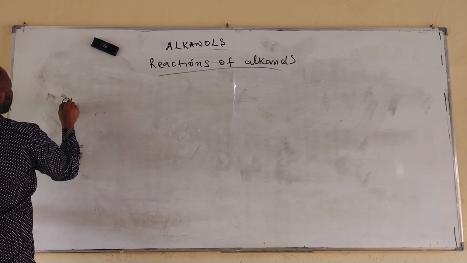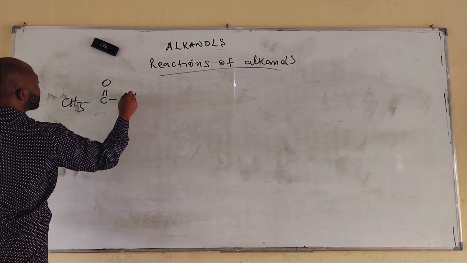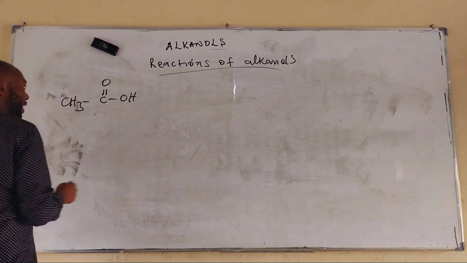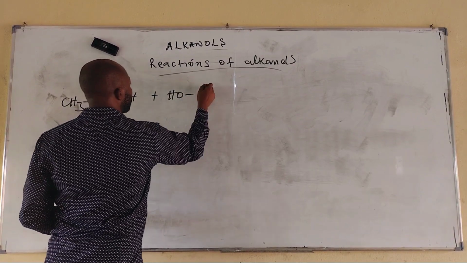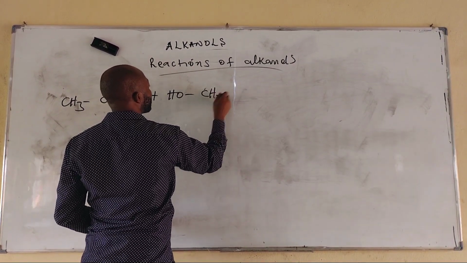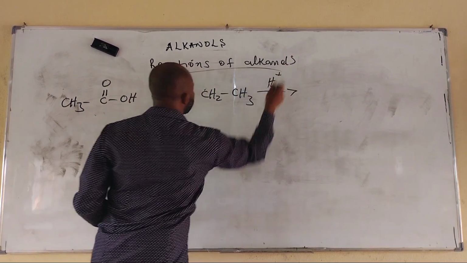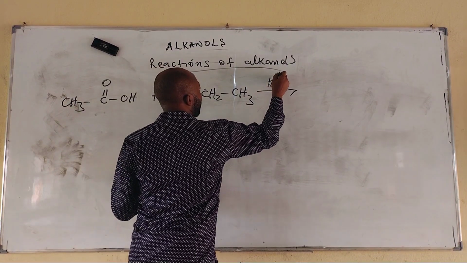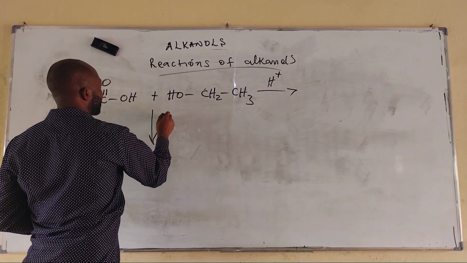So let's say that is esterification. We have CH3 C double bond OH. This is my ethanoic acid, plus my OH CH2 CH3, in the presence of an acid.